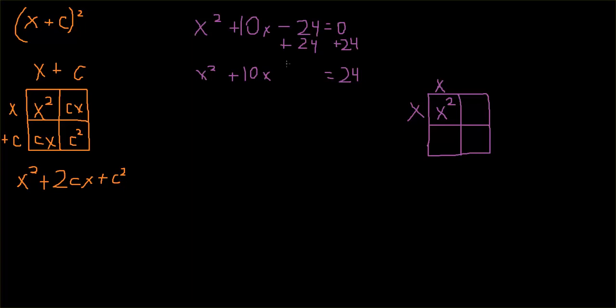But now the 10x, if I notice from my original area model, I have cx and cx. The two should be the exact same. So I had two cx's. So what we need to do is take our term in front of the x variable, the degree 1 term, and divide by 2 and split it in half.